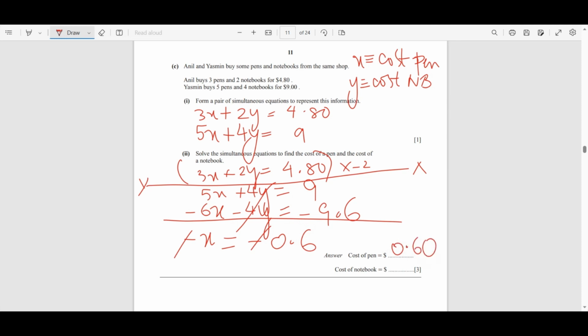0.60. Because it's in dollars, we need to write it to two decimal places. Now for y, we need to quickly calculate by substituting the value of x, which is 0.6, in any of the two equations. So let me take the second equation.